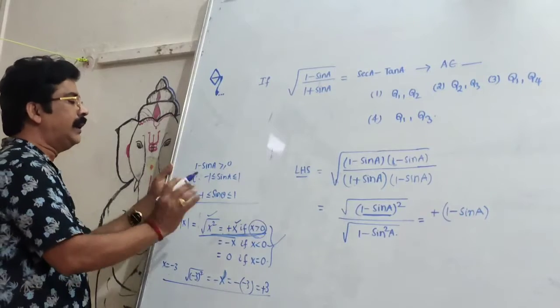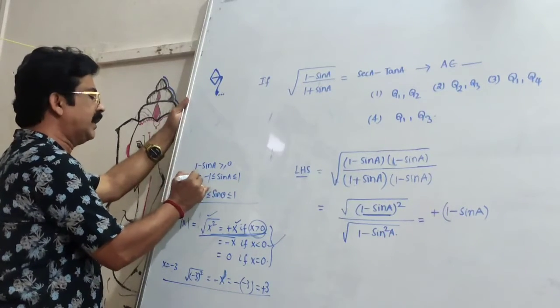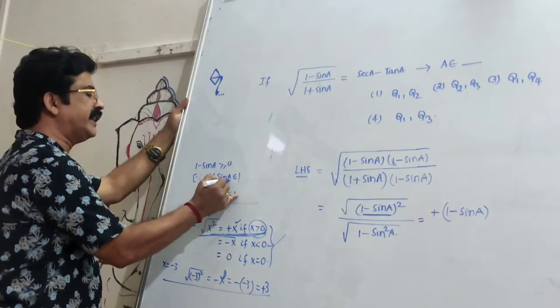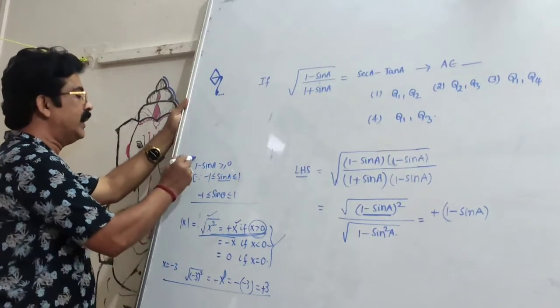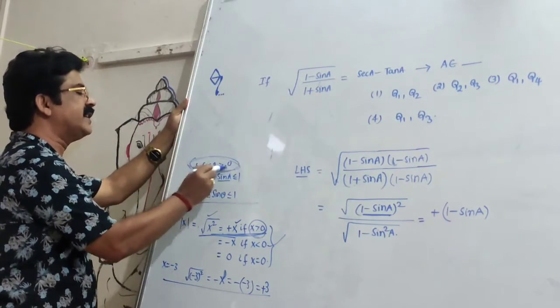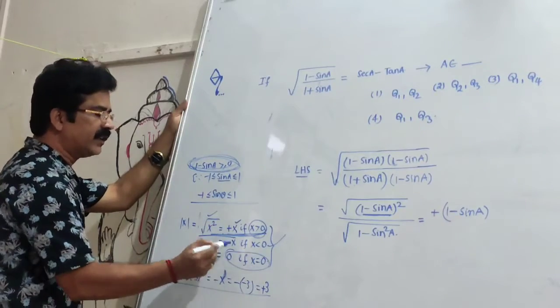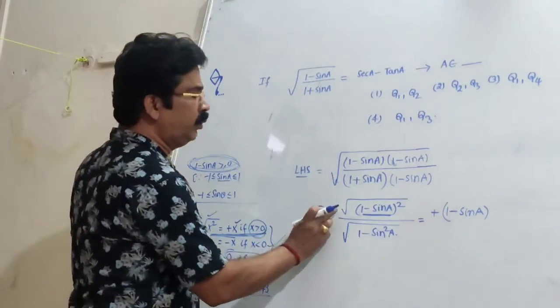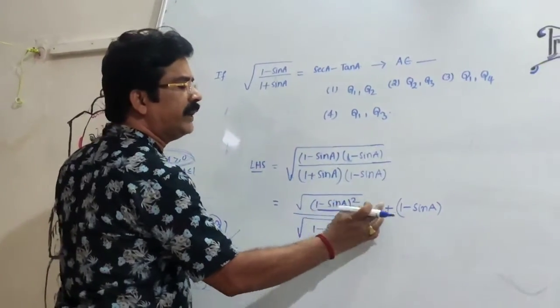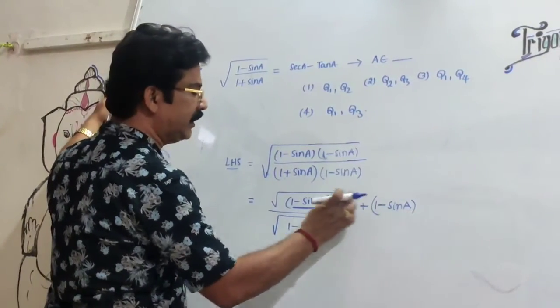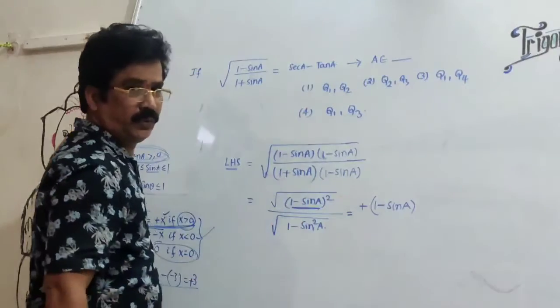So since minus 1 is less than or equal to sin A less than or equal to 1, 1 minus sin A is always greater than or equal to 0. So therefore, root of x whole square equals plus x, because it is always positive.